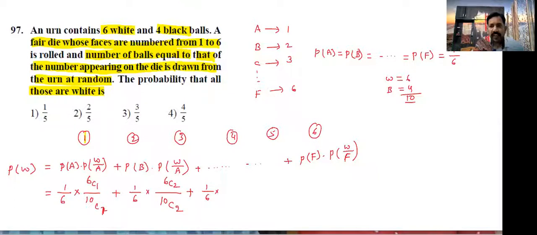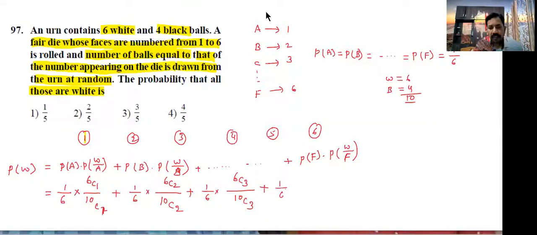If you roll the die and get number 3, then we need to select 3 balls. Out of 10 balls, 3 balls are selected, and those selected balls are white only.